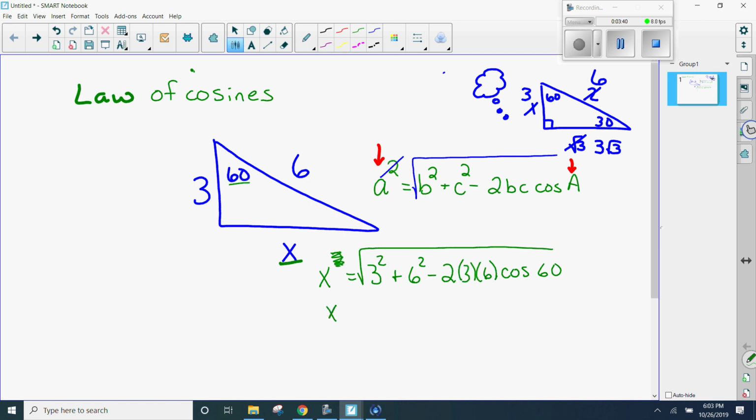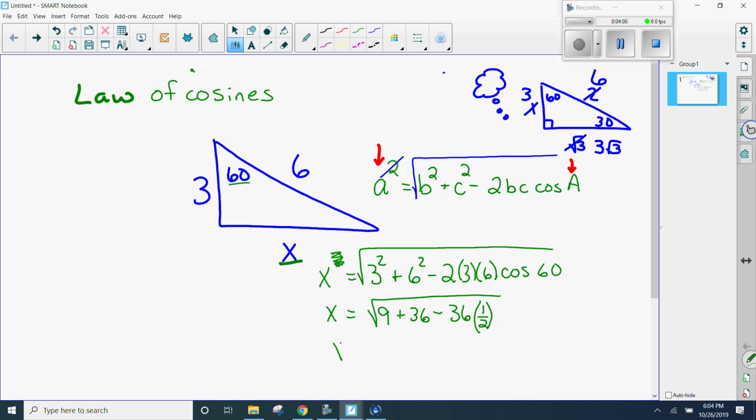So let's calculate that. x is equal to the square root of 3 squared is 9, 6 squared is 36, minus 2 times 3 times 6 is going to give you 36. And then the cosine of 60 degrees, using your finger trick, hold in your pointer finger, and the cosine of that is 1/2.